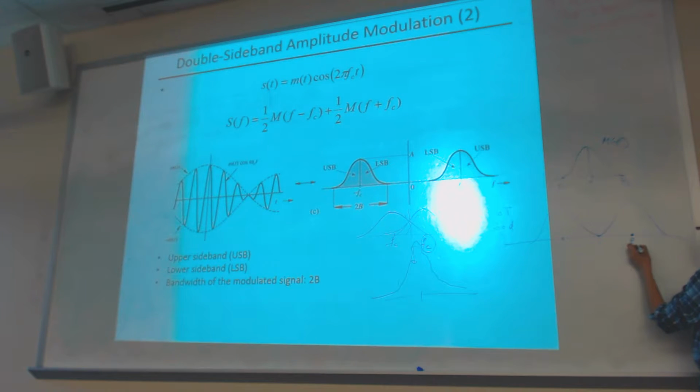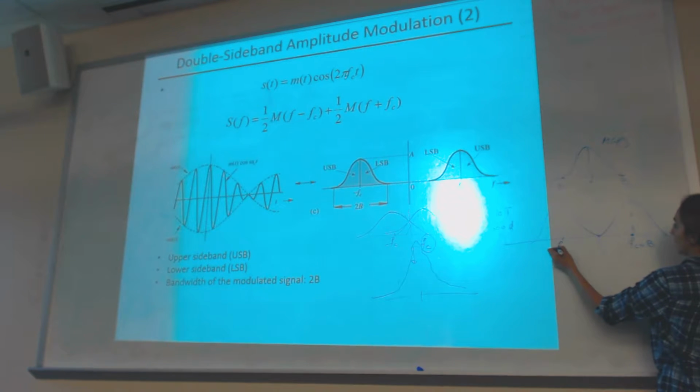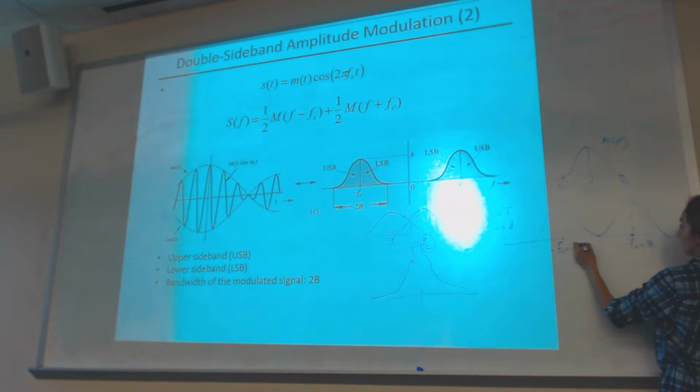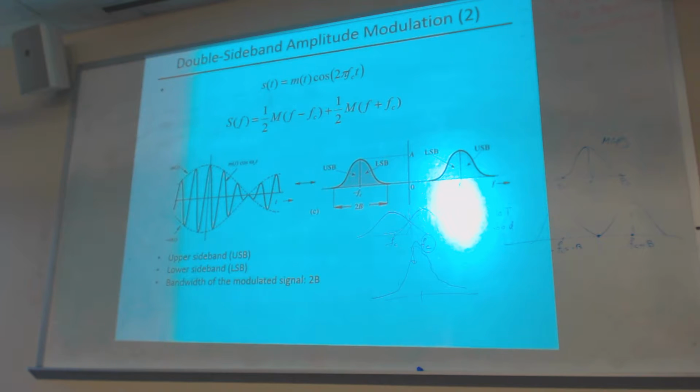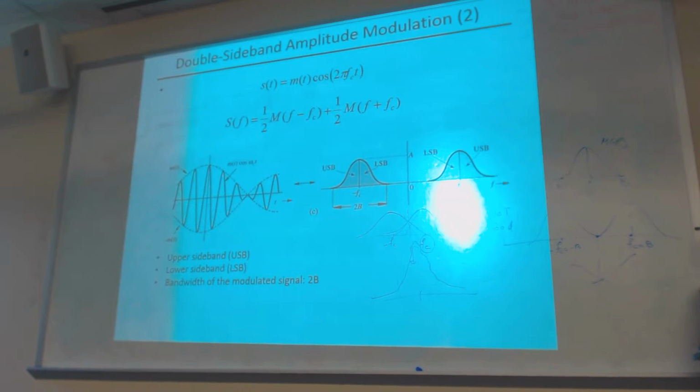If I shift this exactly by an amount B, so f_c is B, then I have this, and correspondingly this. At this point I don't have any collision or interference. But if my f_c was a little bit smaller, then I would have some interference. Therefore, I conclude that f_c must be greater than or equal to the bandwidth.